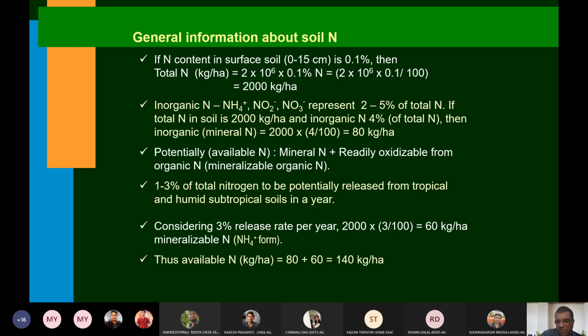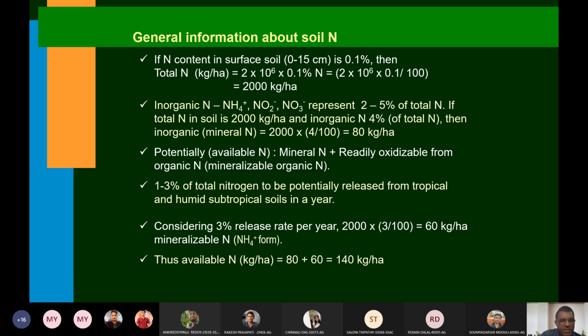Now, potentially available or mineralizable or readily oxidizable nitrogen: mineral nitrogen plus the readily oxidizable form of organic nitrogen, mineralizable organic nitrogen. So this is potentially available or available nitrogen. 1 to 3% of total nitrogen can be potentially released from tropical and humid subtropical soils in a year. So in 1 year, you can get 1 to 3% of the organic nitrogen released.